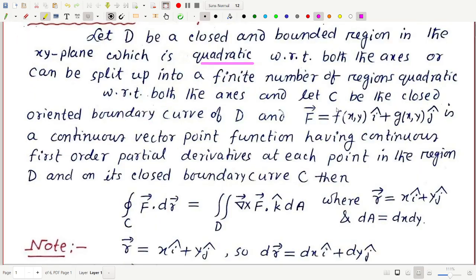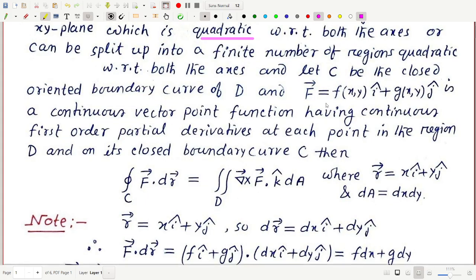And let capital C be the closed oriented boundary curve of D, and f vector is equal to small f of xy i cap plus small g of xy j cap, a continuous vector point function having continuous first order partial derivatives at each point in the region D and on its boundary curve C.